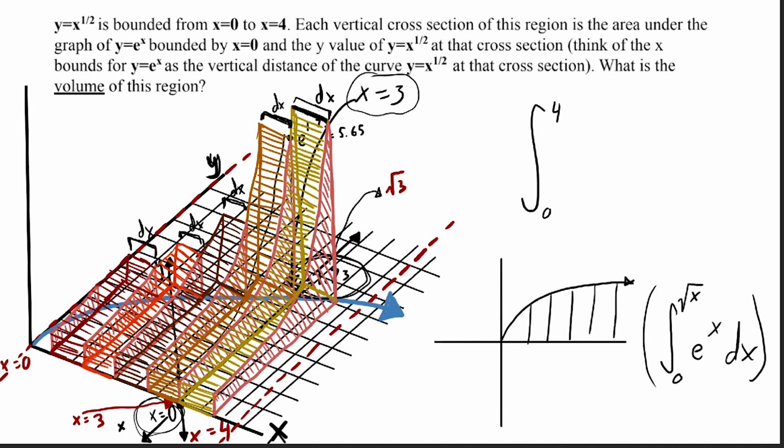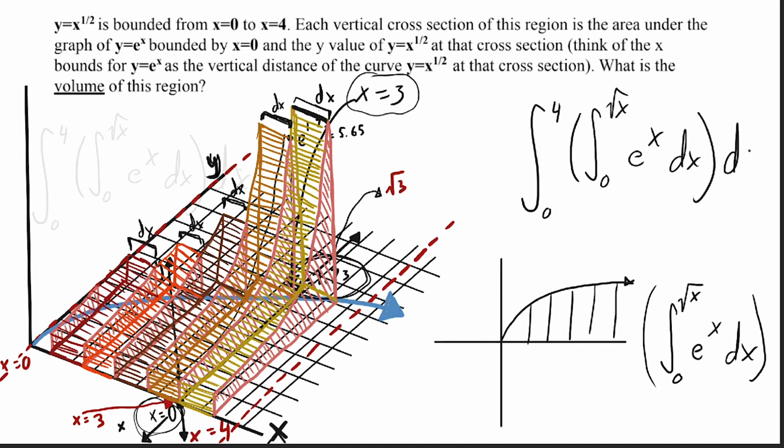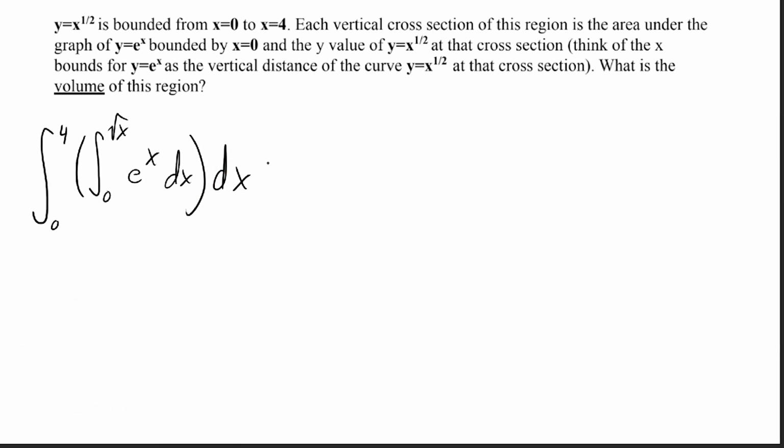And so if we want to integrate all of the areas together to get a volume, we take the integral from 0 to 4 of the integral 0 to square root of x e to the x dx, and then dx. Okay, so to integrate this, we can first integrate the inside right here. Okay, so the antiderivative of e to the x is just e to the x.